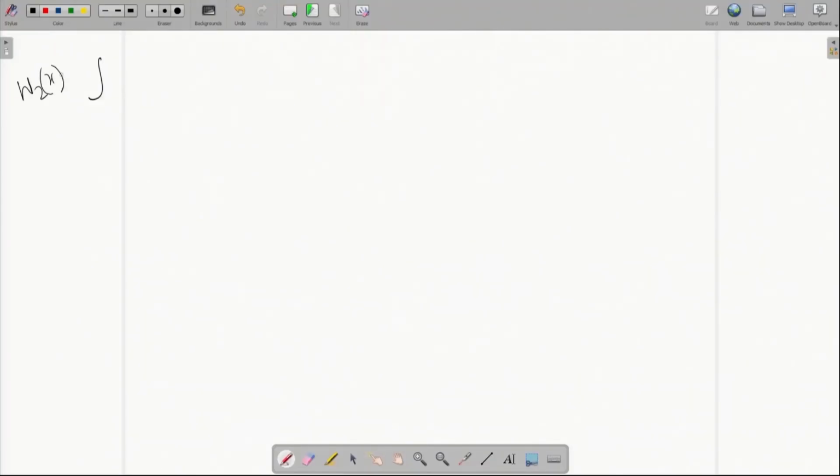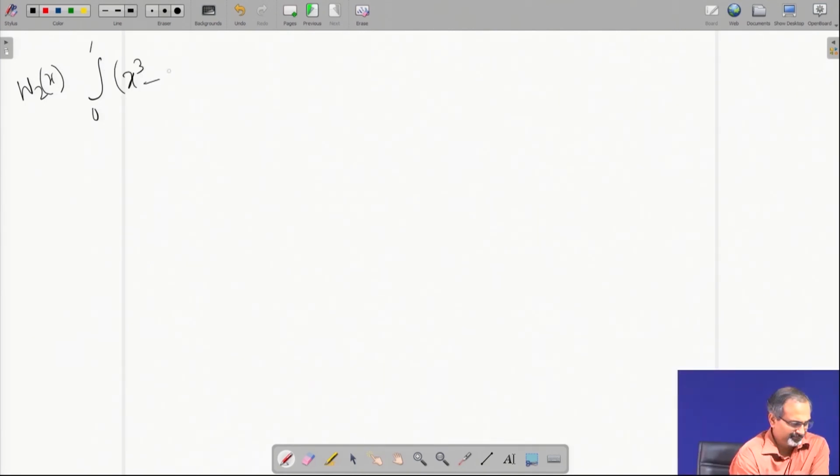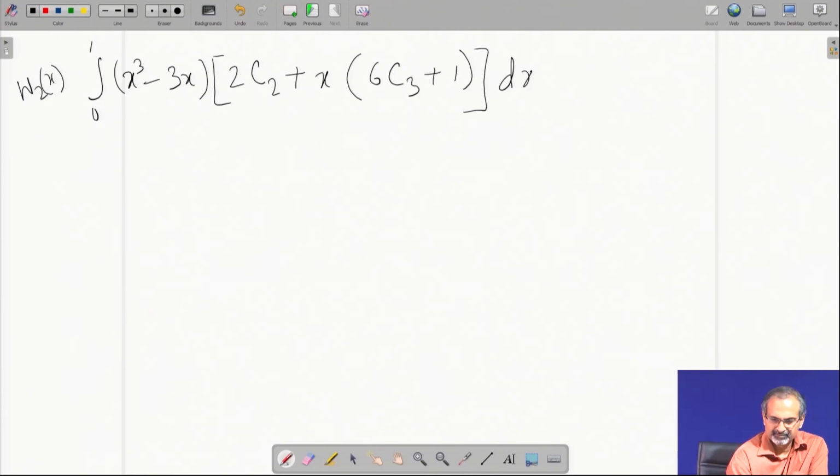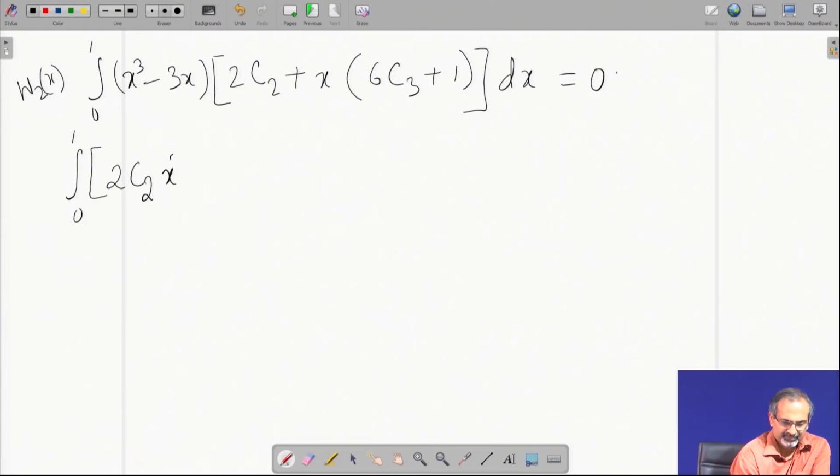Let us go to the next residual minimization, which is based on W2. So, let us write down the problem. In a similar manner like we did in the previous case, we expand this and we integrate.